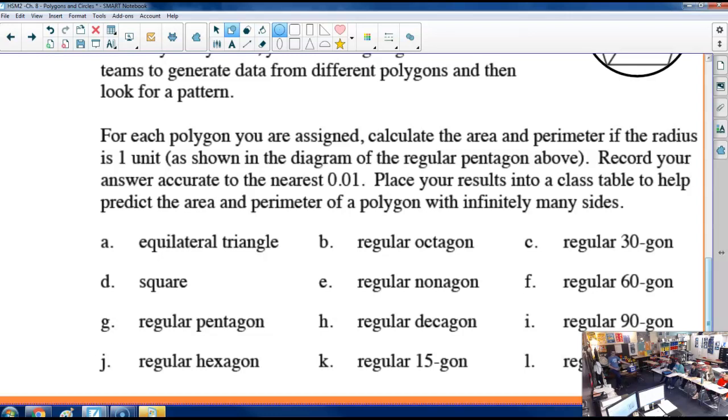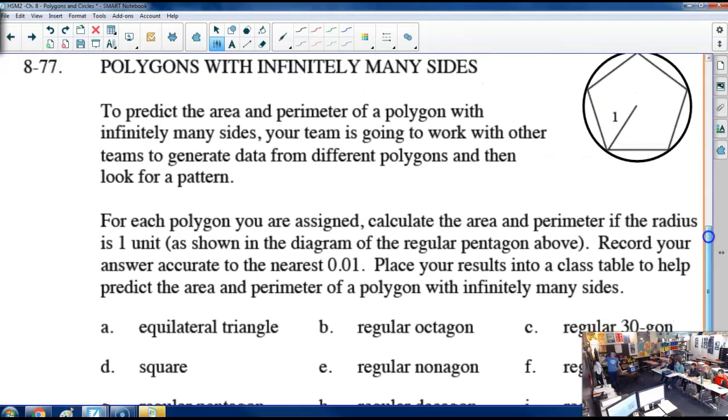Who wants the octagon? I want the regular 180. Okay, Sammy's got the 180. You are going to find the area and the perimeter of your N-gon, so your N is 180, when it has a radius of 1.